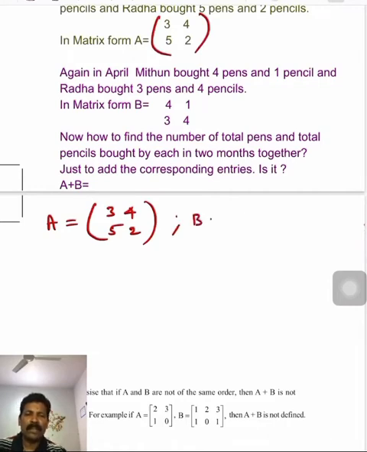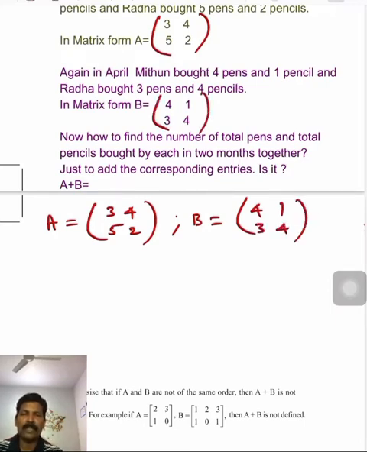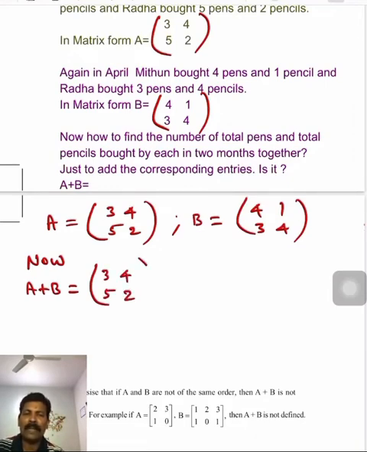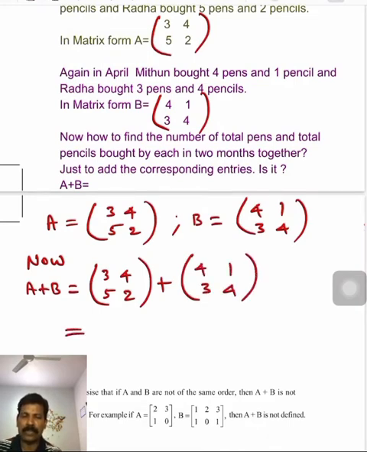Now, you know that is just to add the corresponding entries, is it? Why? Because corresponding elements means the number of pens to be added with the number of pens, and the number of pencils in April with the number of pencils in March. We cannot add a number of pens and a number of pencils. We want separate totals of pens and pencils. So it's very simple.